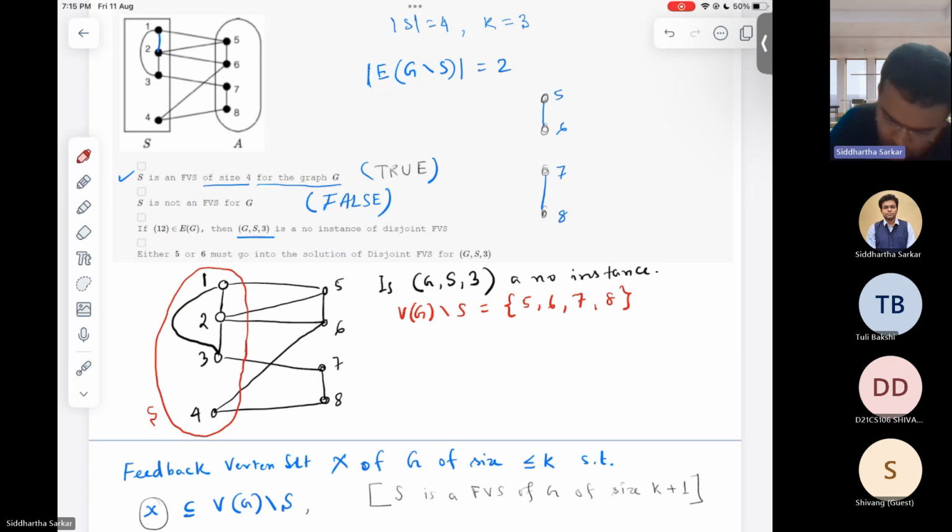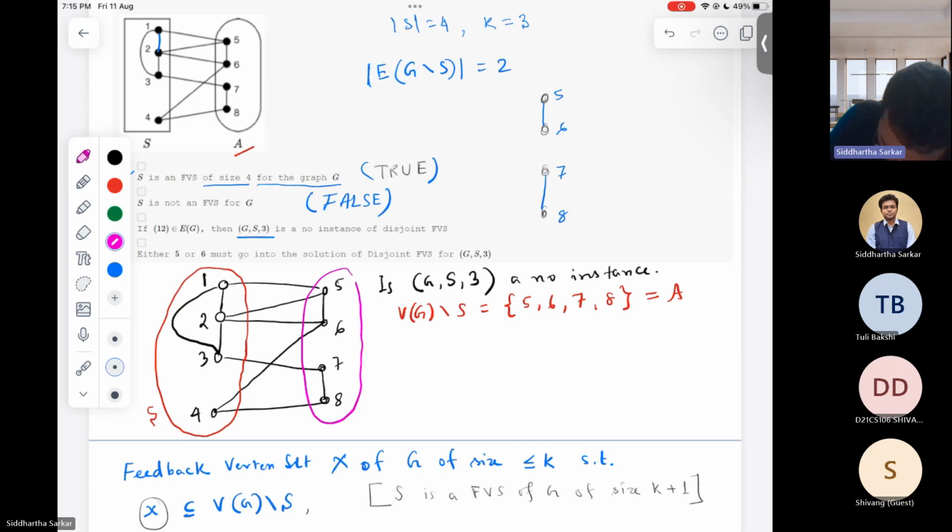In our case, V minus S is A. They're calling it A. From this set of vertices, you are supposed to pick at most k. Here k is 3.